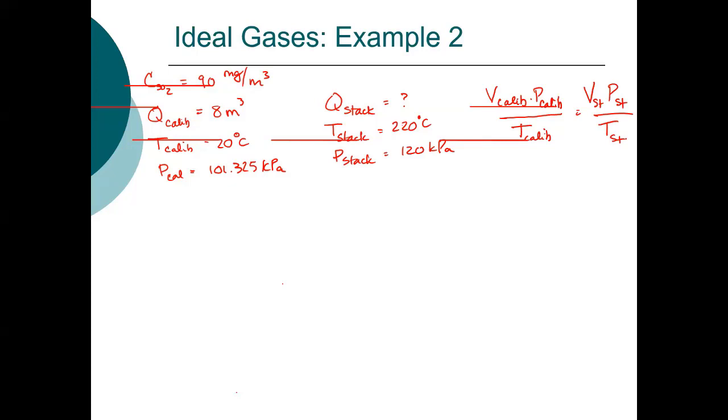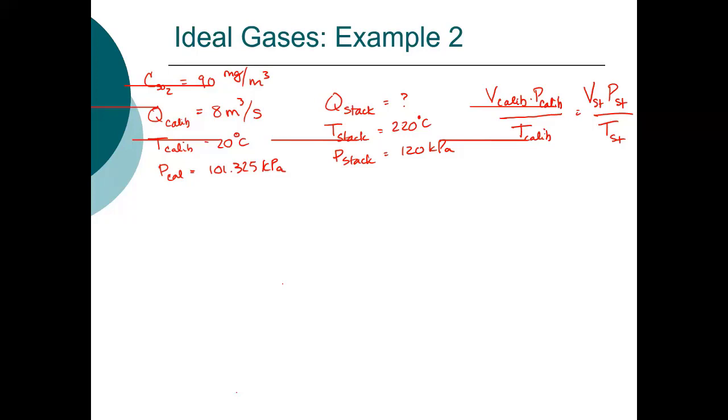Given that, what we really have is a volumetric flow rate. So this should be cubic meters per second. Okay, it's a volume. So instead of Q, we'll use a volumetric flow rate.